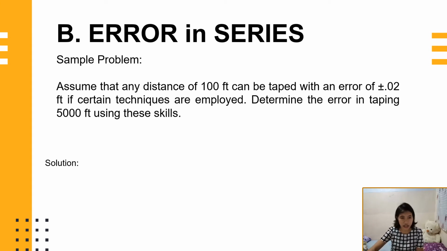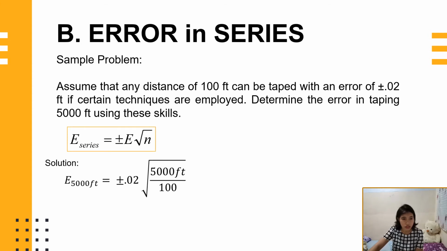So, gamitin lang natin yung error of the series na formula, which is this one. Yung ating error of the 5,000 feet is equals to plus minus 0.02 times square root of n. Yung n natin is the number of observations. So, ilang beses ba natin ginamit yung 100 feet na tape in measuring 5,000 feet?